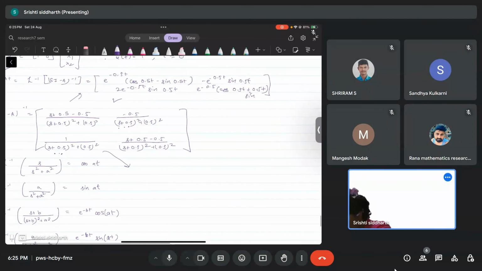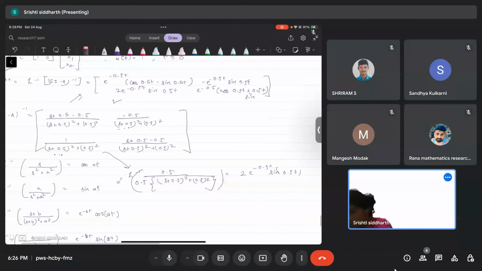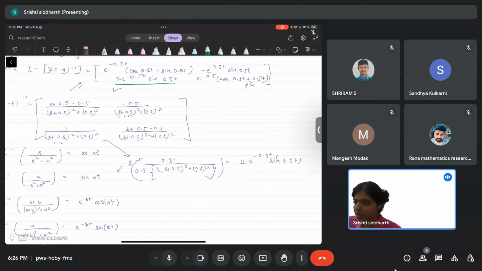And to get this in one of these forms, what you can do is multiply and divide by 0.5, and then you have this plus 0.5 squared plus 0.5 squared, and this is nothing but 2 times, so the Laplace inverse of this is 2 times sine of t, but a shifted version. So I think this is what we got. Yeah. So this part, and then you can compute the rest of the terms too.